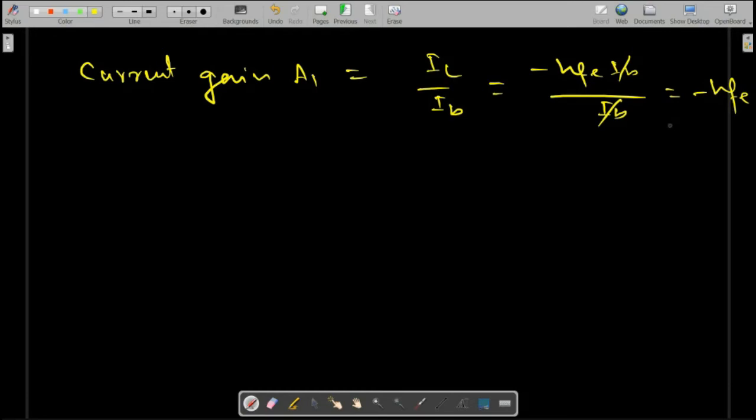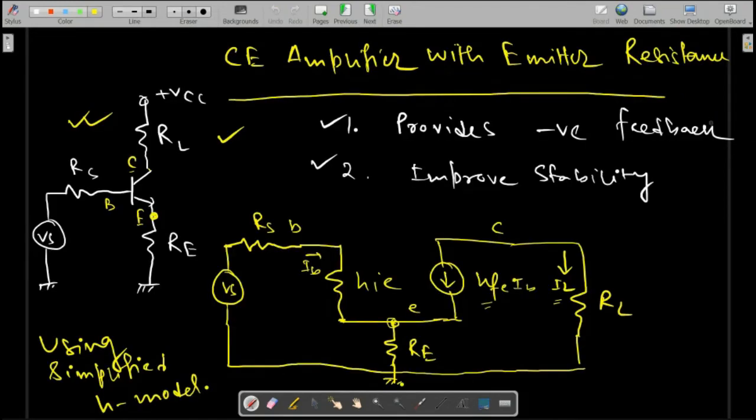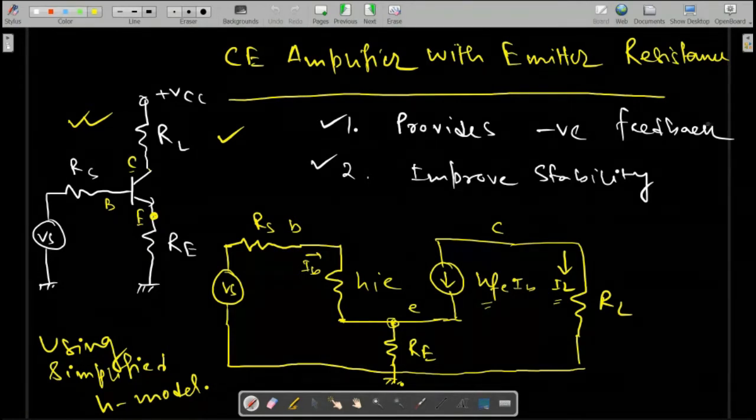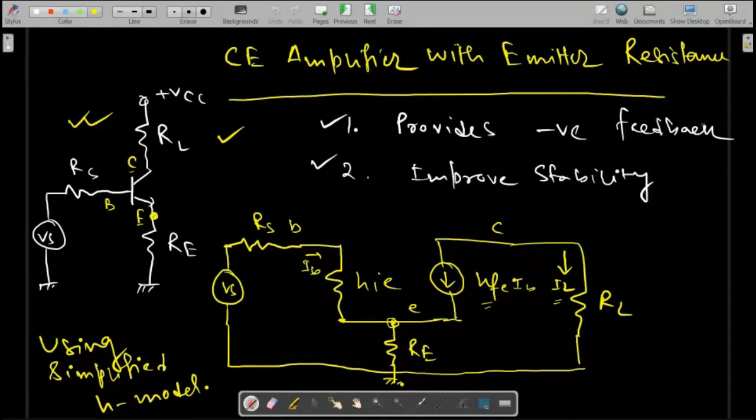If you remember the previous day's lecture, the expression for current gain using the simplified hybrid model for a common emitter amplifier without emitter resistance was also minus HFE. So here also we are getting minus HFE. The summary is, when you connect emitter resistance, it will not affect your current gain. The current gain remains the same. Previously it was minus HFE, now also we get minus HFE. There is no change.